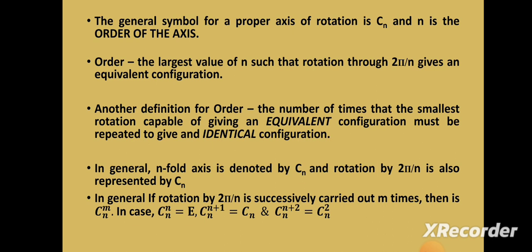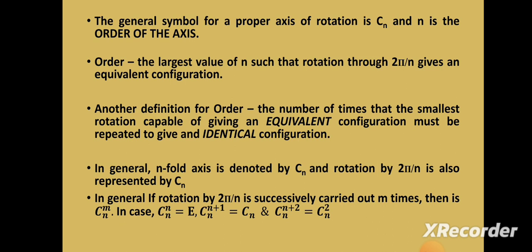The meaning is, if we rotate it by 2 pi by 3 once, it will result in an equivalent configuration. Now we have to repeat this rotation 3 times to get the identical configuration, or E. So 3 is the number of times you have to do the same operation. So n is equal to 3, or the order of the axis is 3 in the case of a triangle.